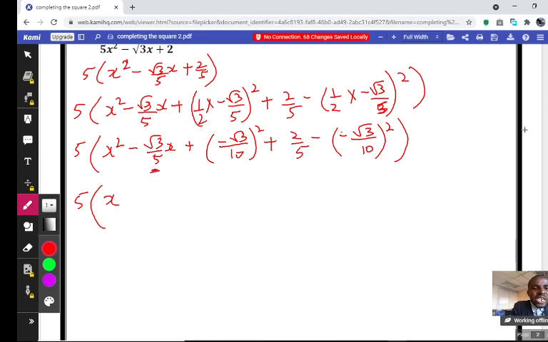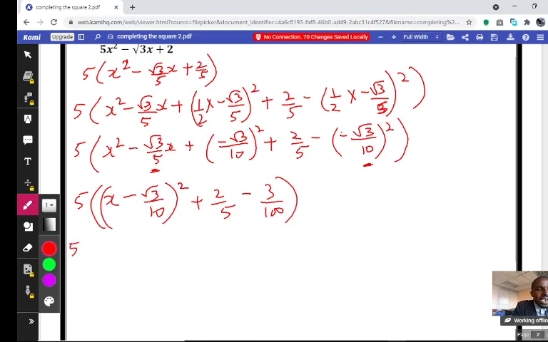You just take x minus root 3 over 10, squared, like this. Then plus 2 over 5 minus, simplifying: minus root 3 over 10 squared, you share the power. Root 3 squared is actually 3, and 10 squared is 100. Then you close the bracket.